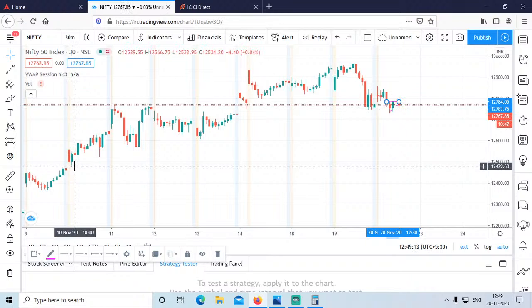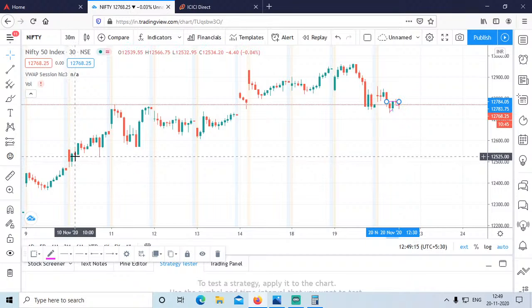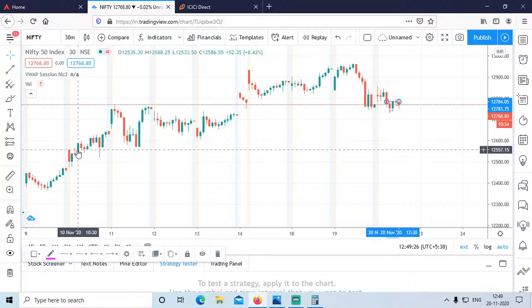Morning around 10 o'clock, the price is 12,532, and after that there was immediately a jump to 538, 536, 583. Okay, a 50 points move happened after you might have taken the trade.